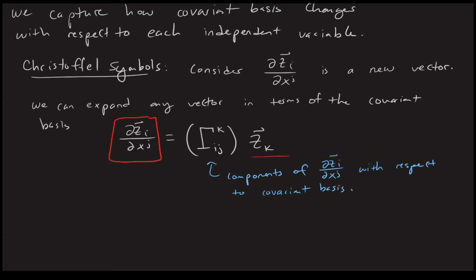So if I were to take this vector partial zi, partial xj, and expand it out in terms of the covariant basis, it would have components, and I'm calling those components gamma ij down, k up.